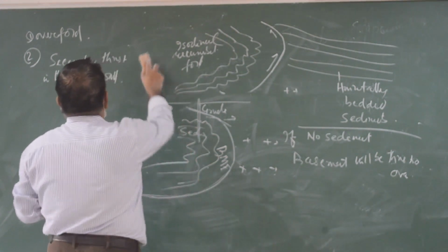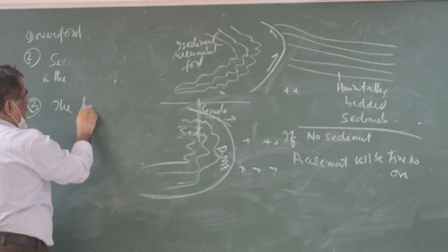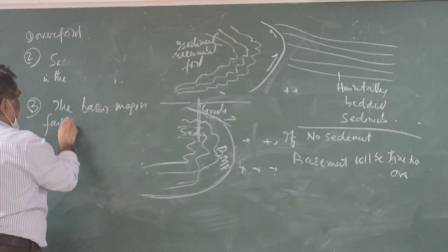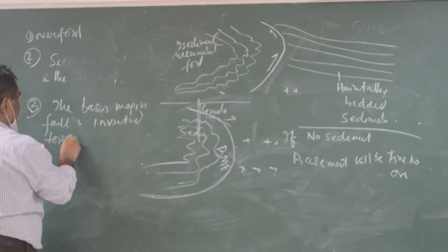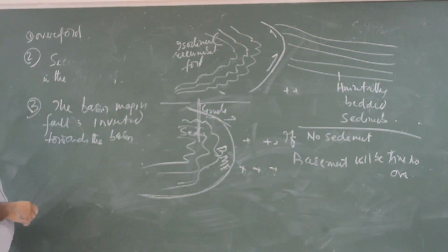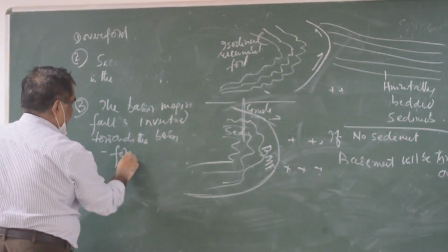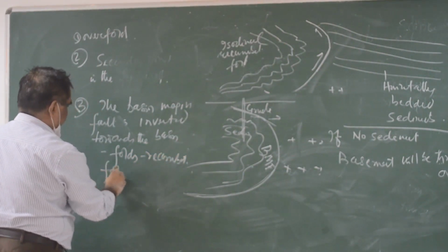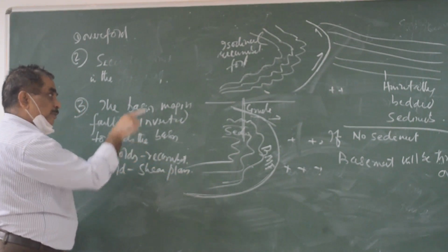Now the third point, the basin margin fault is inverted towards the basin. So what happens? The folds, recumbent folds, shear planes, all these things develop in the sediments.